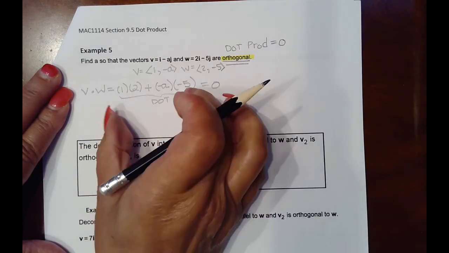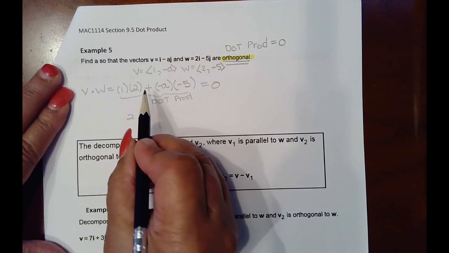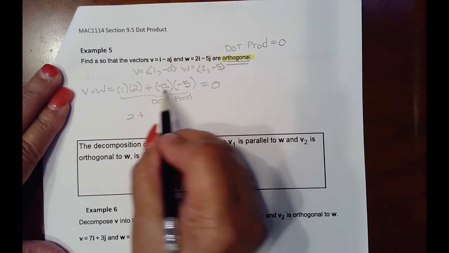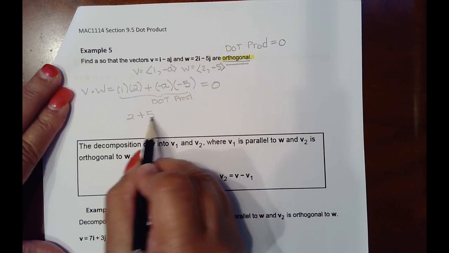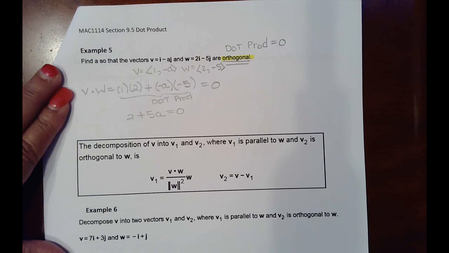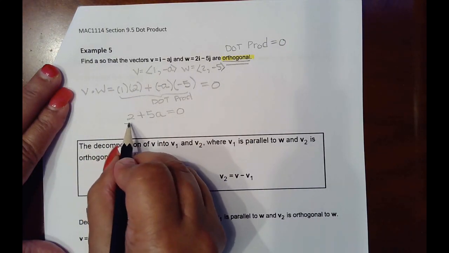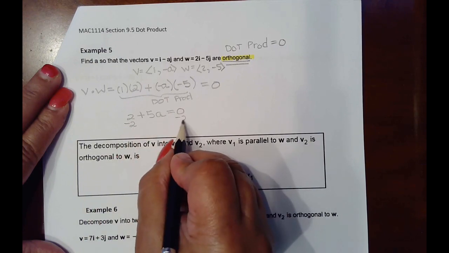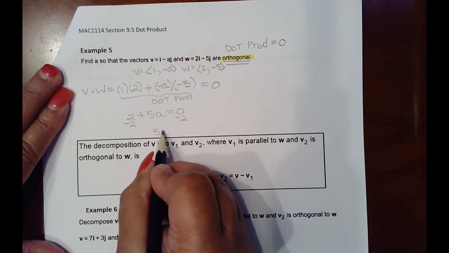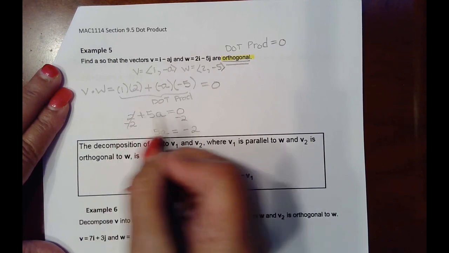Okay, let's bring this and this down. So this is 2 plus negative a times negative 5 is 5a. We have ourselves a nice little equation, and we solve for a. All we were being asked to do is find a. So minus 2, we end up with 5a equal to negative 2.